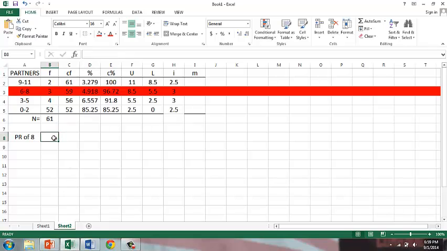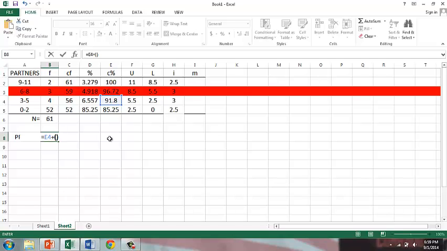The way to tell Excel what order to do math is to use parentheses. Excel will always do what is in parentheses first. Percentile rank is equal to the cumulative percent below the critical interval plus a very large term.